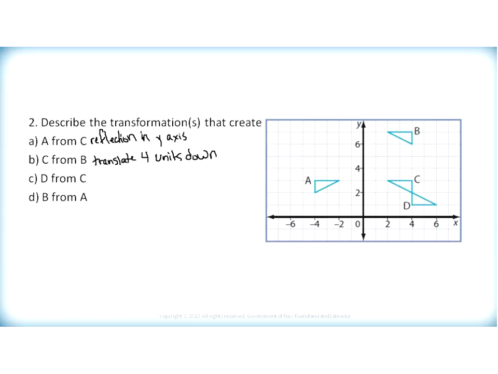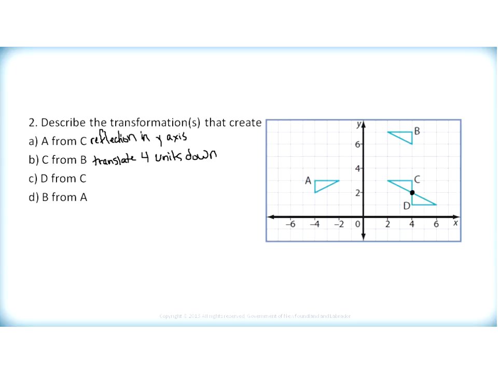Okay, let's see what we can do. How do we get D from C? Well, it appears to me that what I've done with C is that I've taken this point right here, and that would be the center of a rotation.